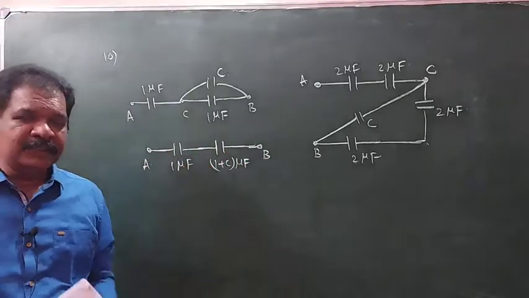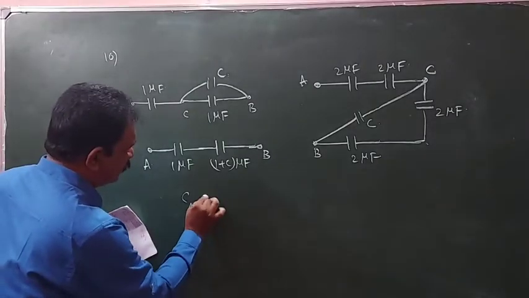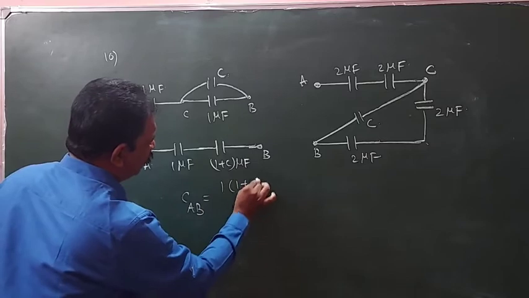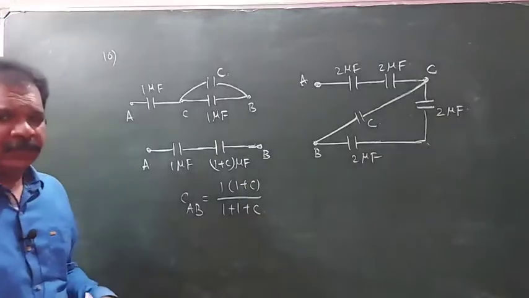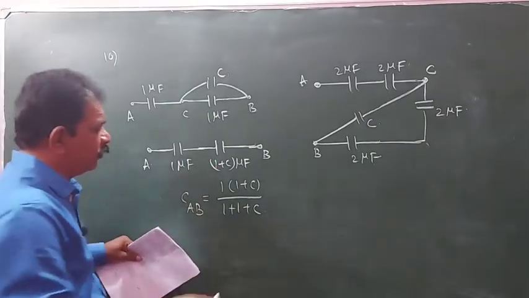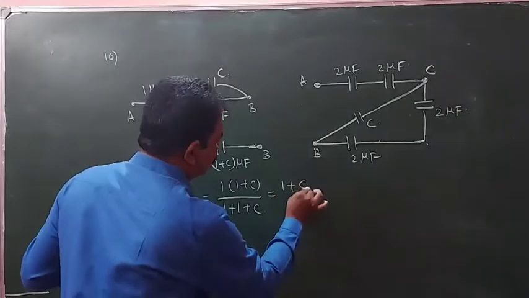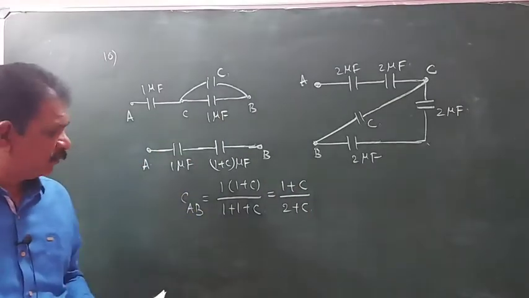These two are in series. Effective will be how much? CAB is equal to 1 into 1 plus C by 1 plus 1 plus C. C1 C2 by C1 plus C2. So this is 1 plus C by 2 plus C.